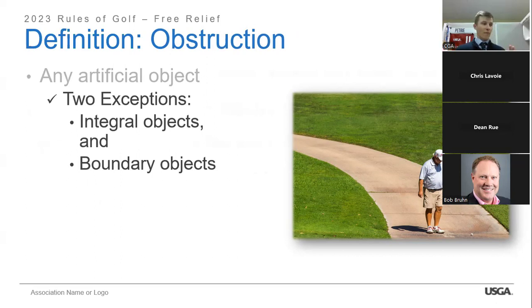It may be a retaining wall, might be a rock wall. The most famous example is the road on 17 at St. Andrews. That road you often see players playing off. That's an integral object, part of the challenge of playing the golf course. So those are the two things to look out for: if our ball is up against a boundary object or an integral object, we're not going to get relief from those.